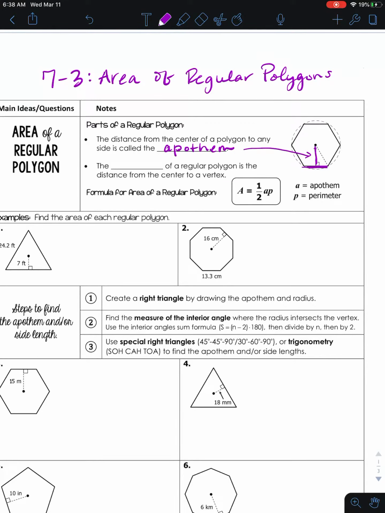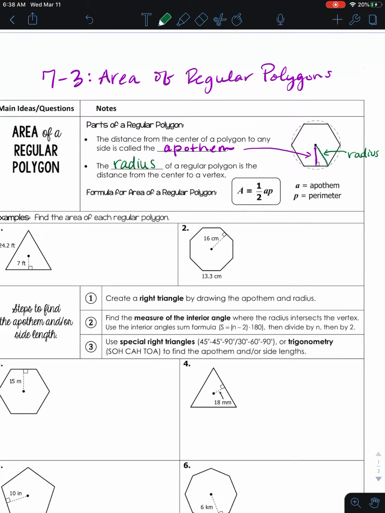Then the distance from the center to the vertex is called the radius of a regular polygon, which is weird because we already have the word radius. But imagine you have a circle inscribing your polygon. That segment from the center to the vertex is called the radius.